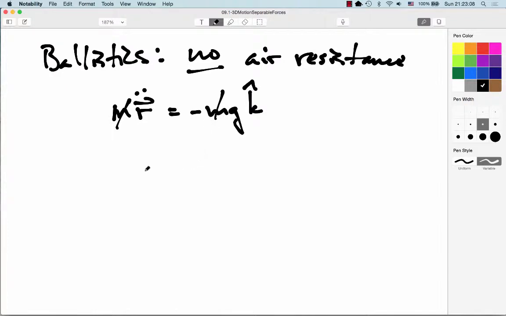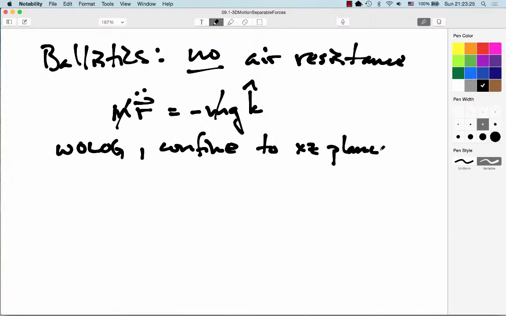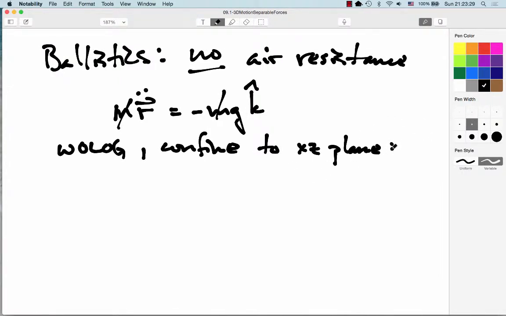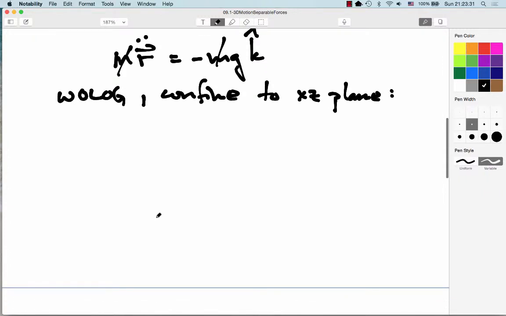All right. Now, without loss of generality, we can confine our motion to the xz plane. The answer is going to be a parabola.